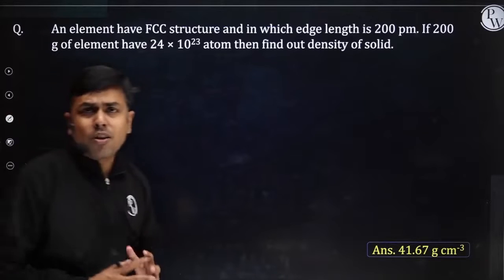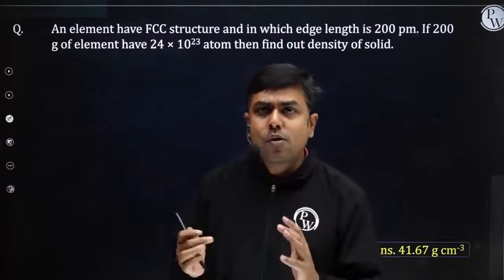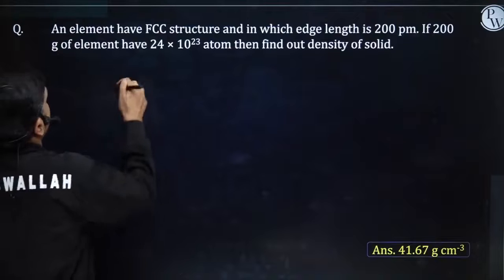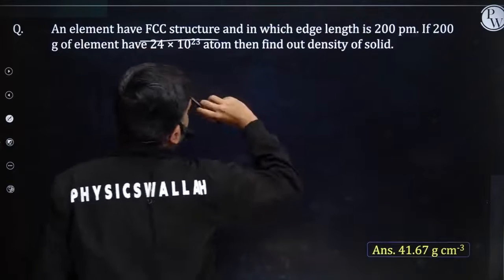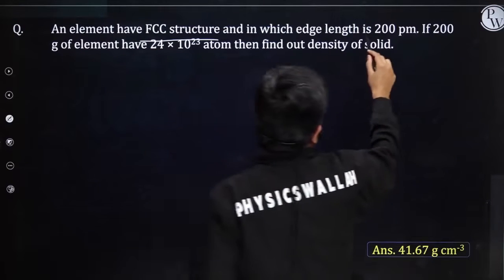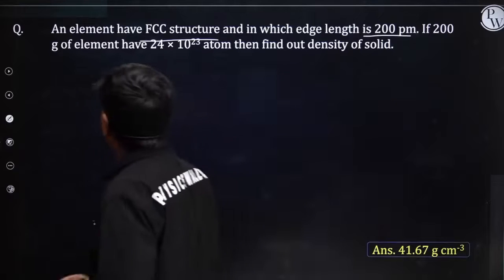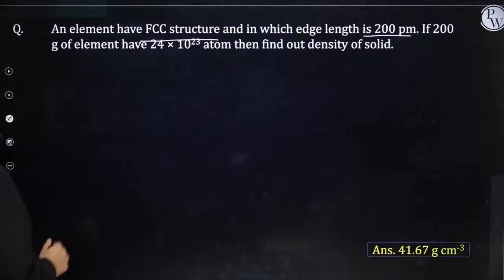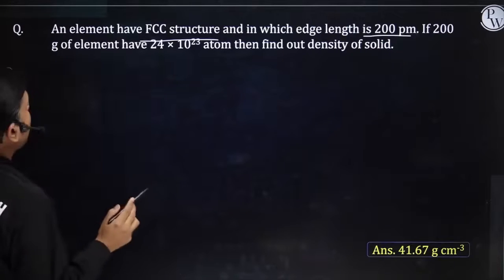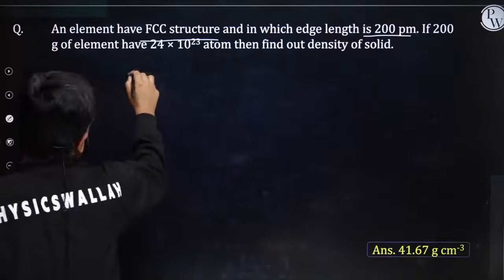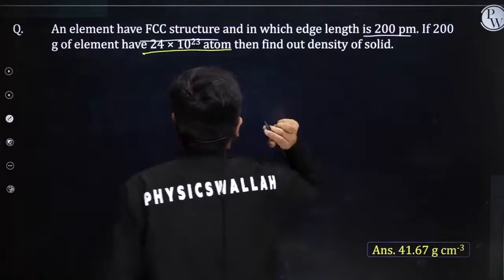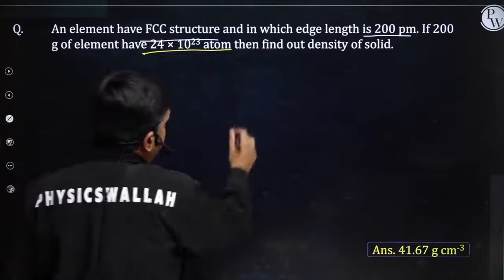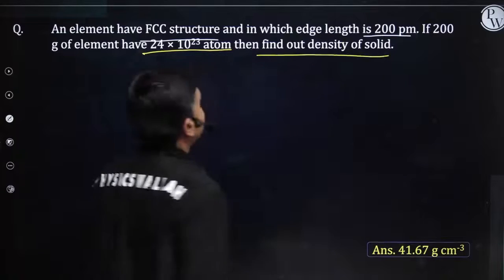Moving to the next question which we have on the screen, and the question says, an element has FCC structure in which edge length is 200 picometer. If 200 grams of the element has 24 into 10 raised to the power 4 atoms, then find out the density of the solid.